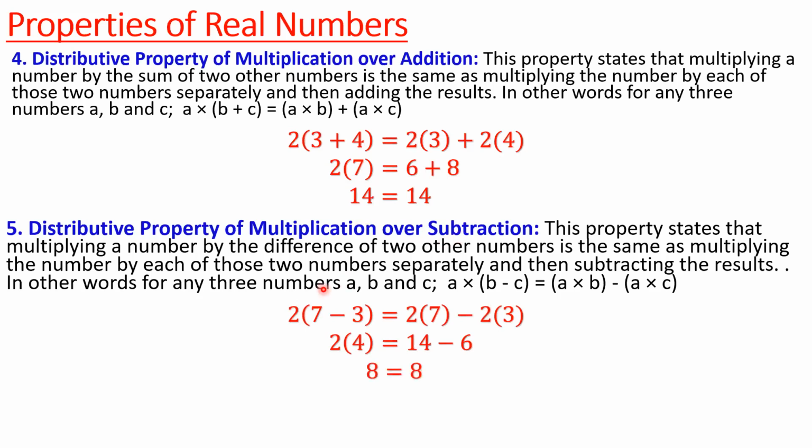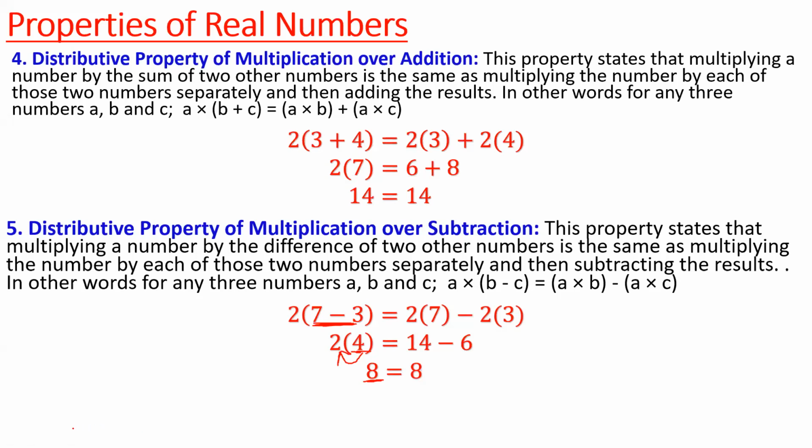All right. What is it saying? This is saying that we could subtract first, then multiply, or multiply, then subtract. So it's the same thing. So 7 minus 3 is what? That's going to be 4. Let me take the 4, we multiply it by 2. And we get 8.